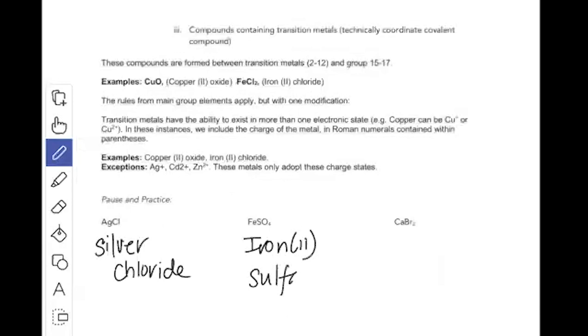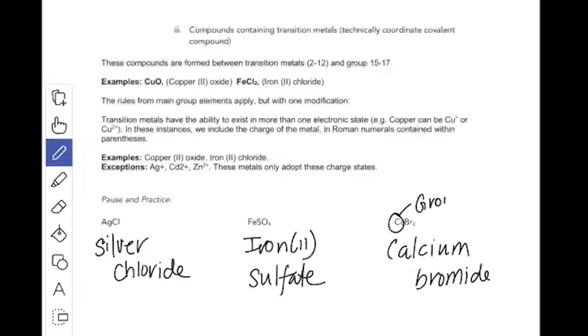How do we know the iron is not Fe3+ or some other Fe? Well, we can use the known charge of the anion to figure it out. We know from our polyatomic ion table that sulfate has a charge of -2.